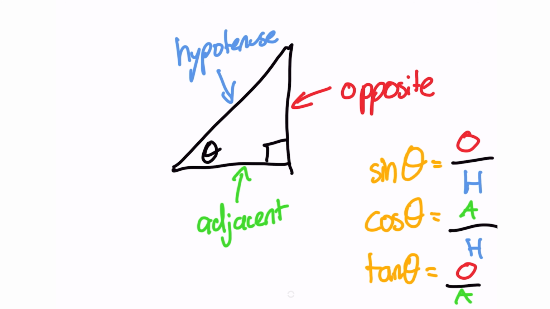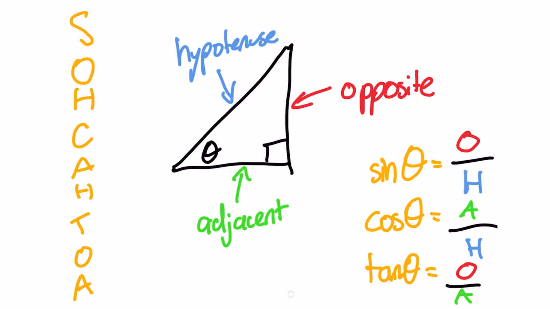Now I bet you're wondering, how do I memorize that? What can I do to memorize these things? Well, luckily there's a nice little acronym so that you'll never have to forget. It's called SOHCAHTOA. So how you write that down, if you ever want to remember that, is SOHCAHTOA.